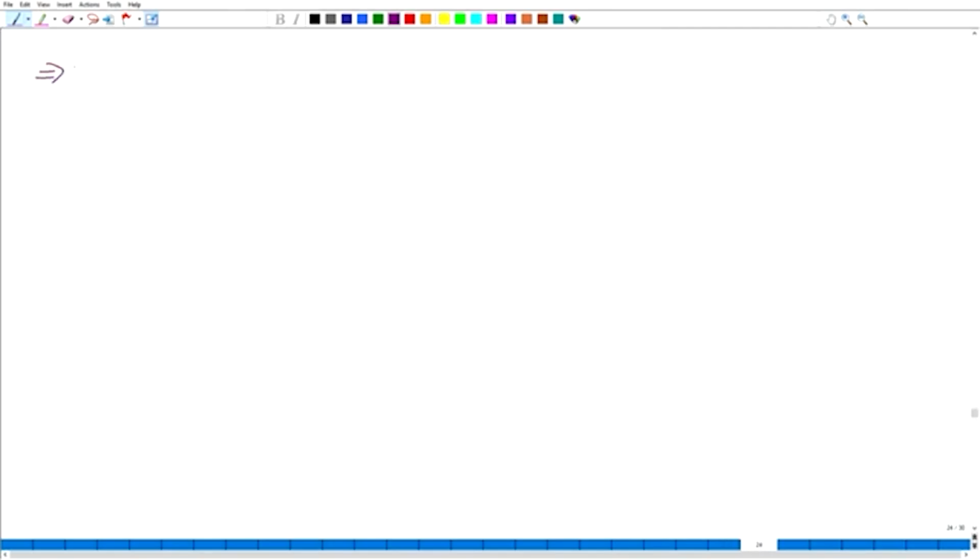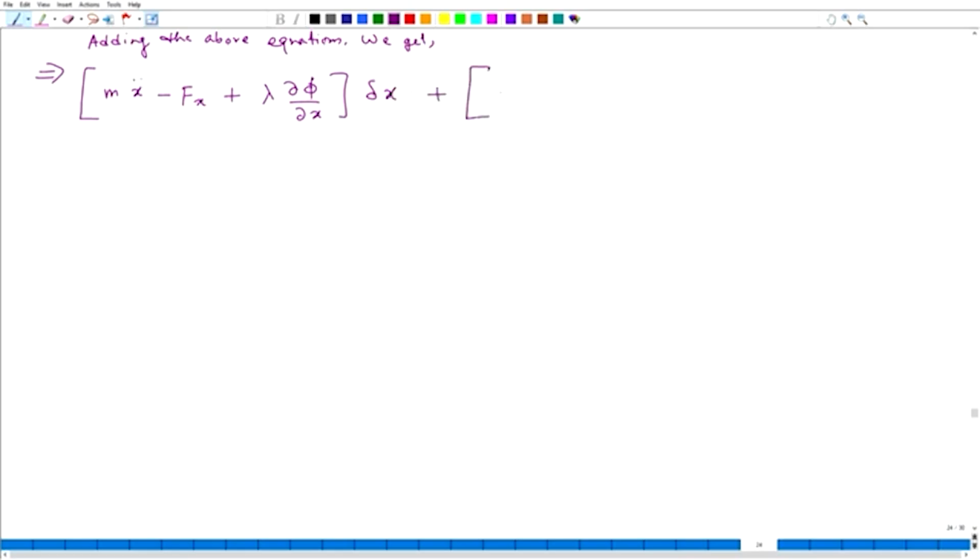So, finally, adding the above equations, we get m x double dot minus f_x plus lambda del phi del x, delta x, plus m y double dot minus f_y plus lambda del phi del y, delta y, and finally plus m z double dot minus f_z plus lambda del phi del z, delta z is equal to 0.